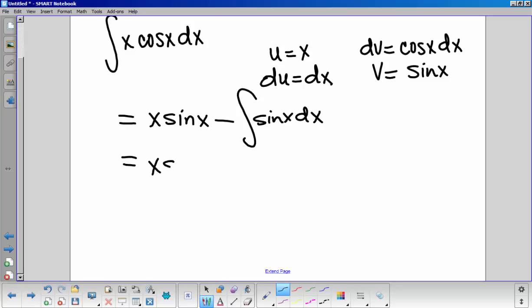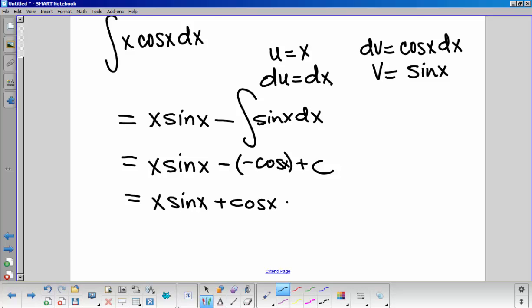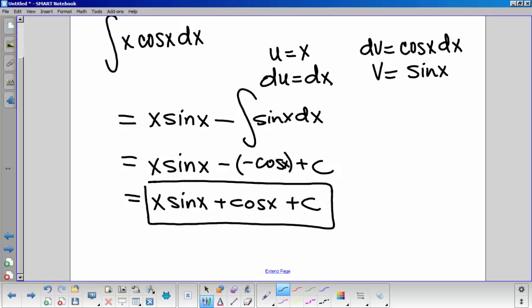So this is x sine x minus negative cosine x plus c. And you're done. Easy as pie. All right, let's do another one.